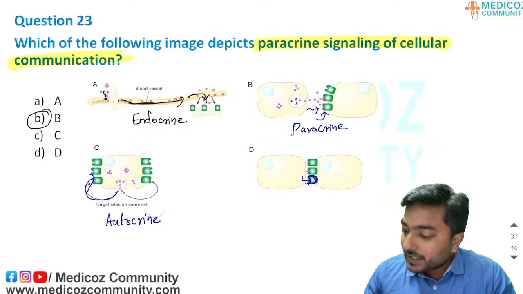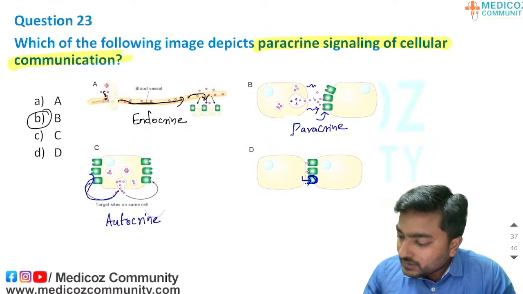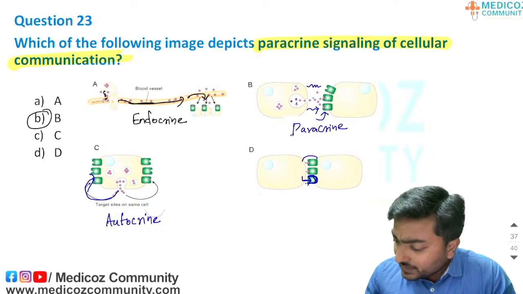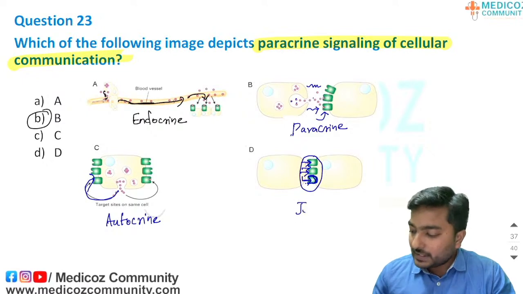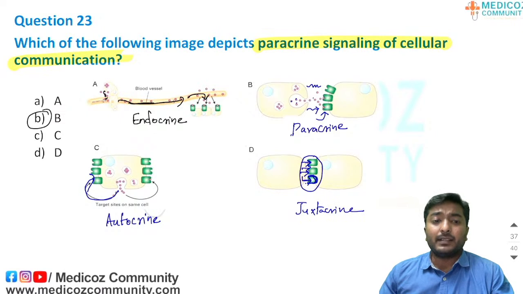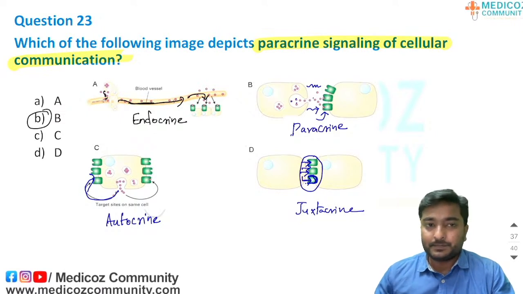But in paracrine, the substance has to travel some distance and there is no contact. Here, the signaling molecule and the receiving molecule have contact with each other. Contact signaling is called juxtacrine signaling. Very simple questions.